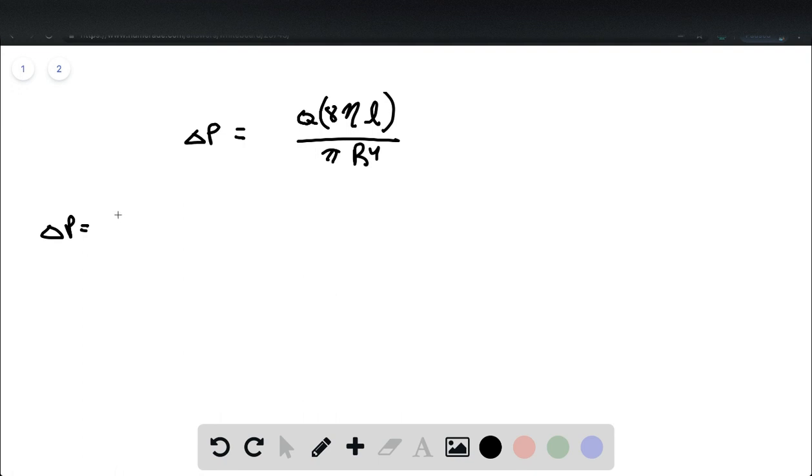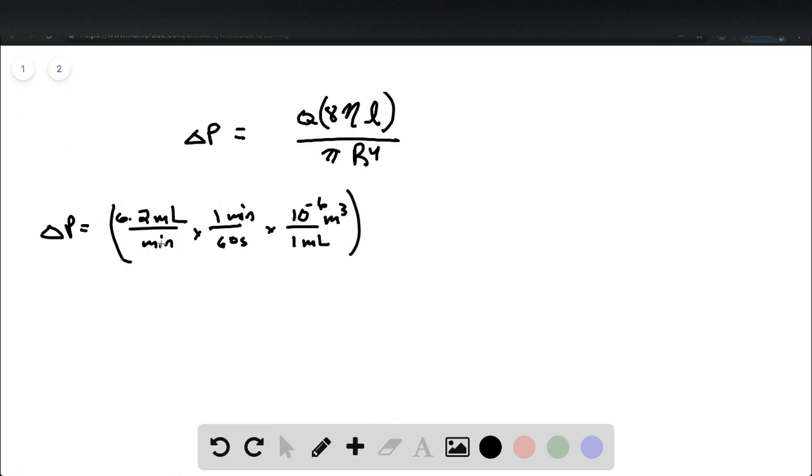We have 6.2 milliliters per minute. In 1 minute there are 60 seconds, and in 1 milliliter there are 10 to the minus 6 meters cubed. That's dimensional analysis, so we get this volume flow rate in meters cubed per second.